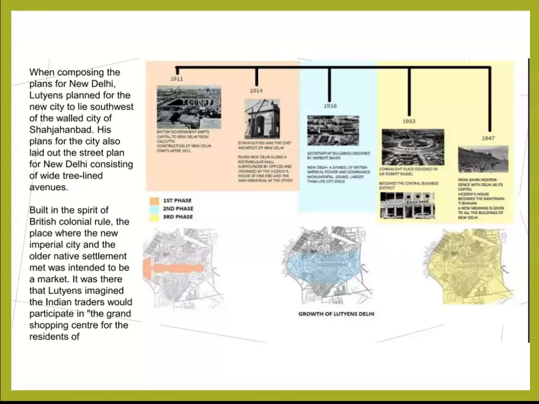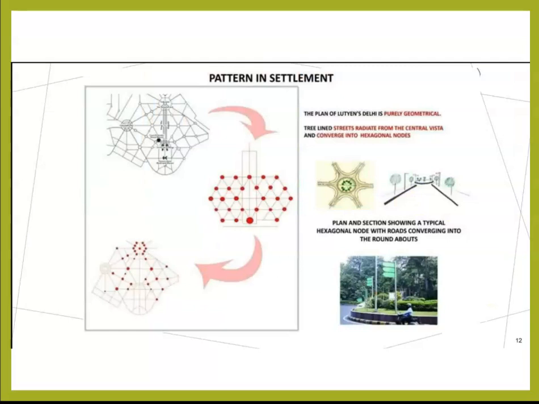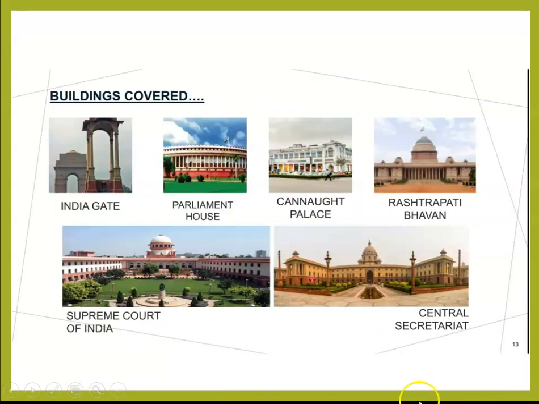It is called a new imperial city with older native settlements and newer characteristic features. Indian traders participated in a grand shopping center for the residents. The pattern of settlement is purely geometrical. The tree-lined streets radiate from the central vista and converge into hexagonal nodes.